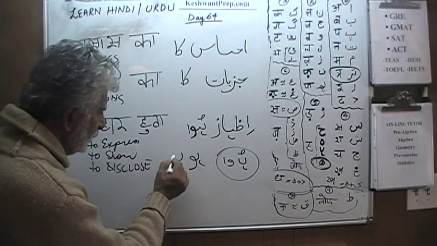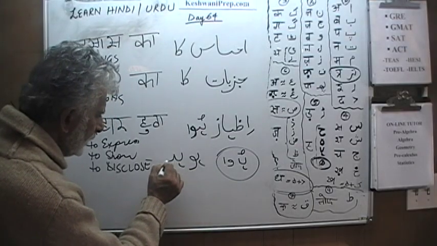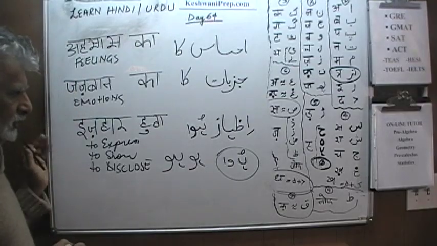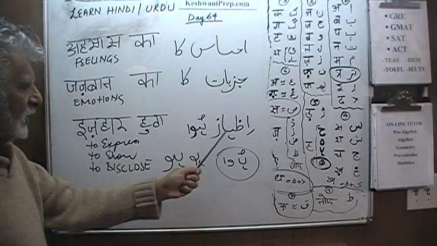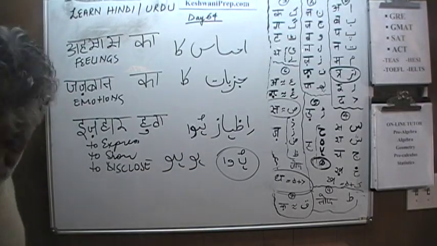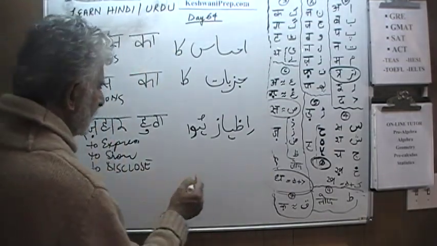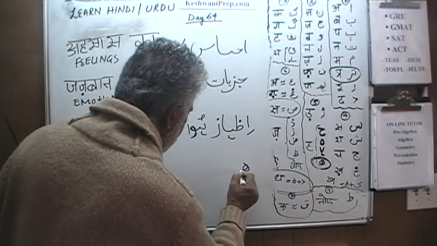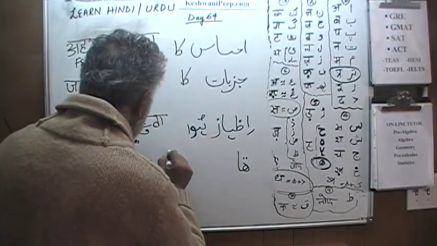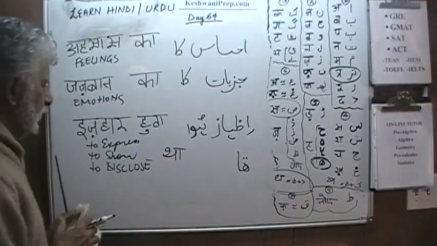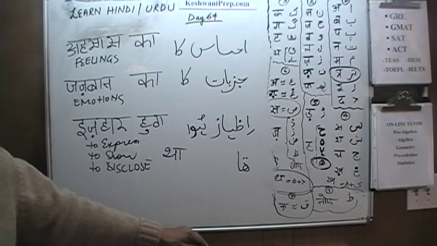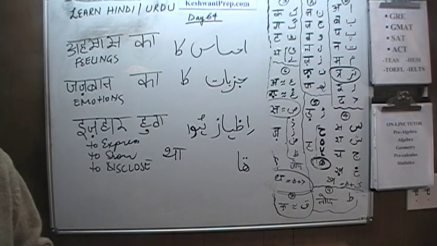You have to first give it a loop to itself for the letter, and then you make one more loop to join whatever joins with it. एहसास का, जज्बात का इजहार हुआ था. We're done. Ta, ta, and alif. एहसास का, जज्बात का इजहार हुआ था.